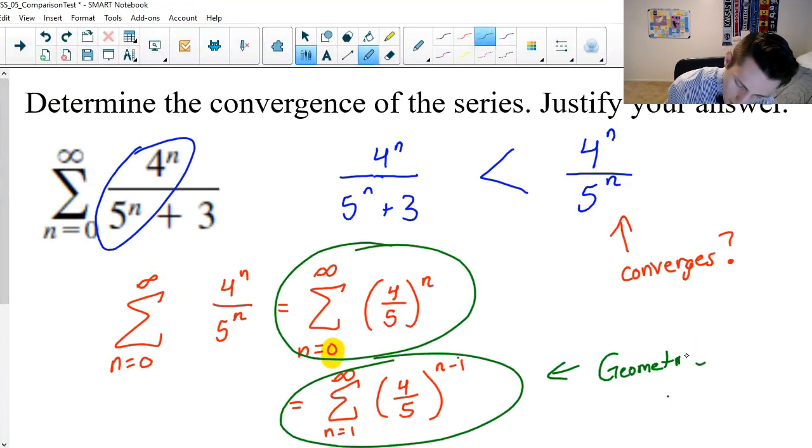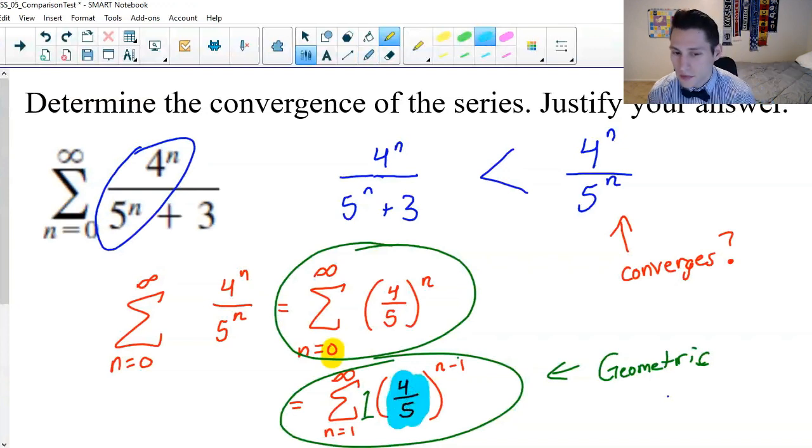This is now in the form of a geometric series where the coefficient is just 1, which is fine. That could happen. And r, my ratio, is 4/5.